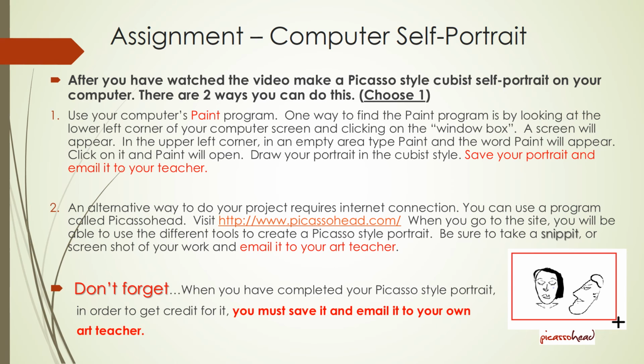One way to find the paint program is by looking at the lower left corner of your computer screen and clicking on the window box. A screen will appear. In the upper left corner, in an empty area, type paint, and the word paint will appear. Click on it and paint will open. Draw your portrait in the cubist style. Save your portrait and email it to your teacher.